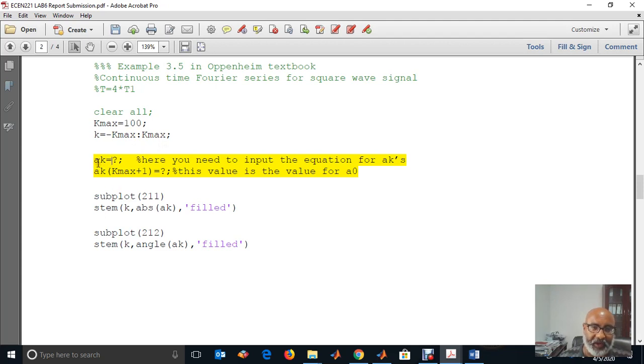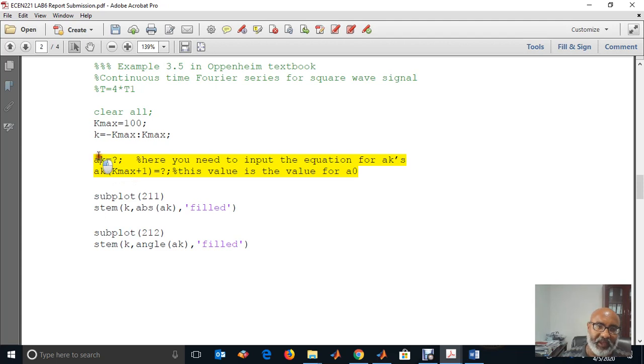So you need to find AK, and then you need to find AK at K max plus 1. What is AK at K max plus 1? This is the center point, because MATLAB indexes start from 1. So AK at K max plus 1 means A0 for our case, the DC component from the Fourier series analysis equation.